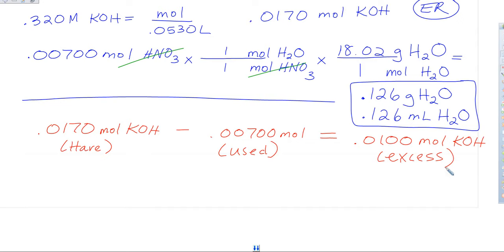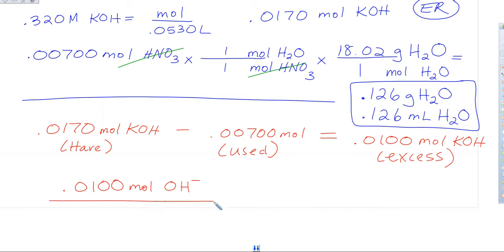When you do this volume piece, sometimes AP problems will say assume volumes are additive. Or if they don't specify, you can always assume that volumes are additive. So I'm going to have 0.0100 moles of KOH, and technically the potassium's a spectator ion. I'm really just concerned about the hydroxide.